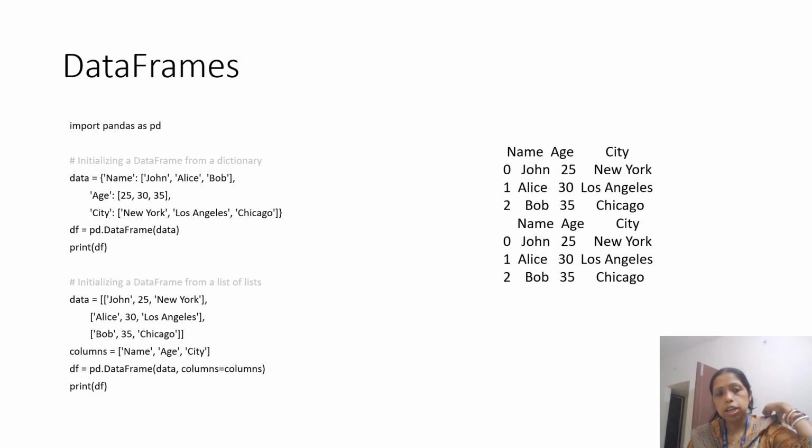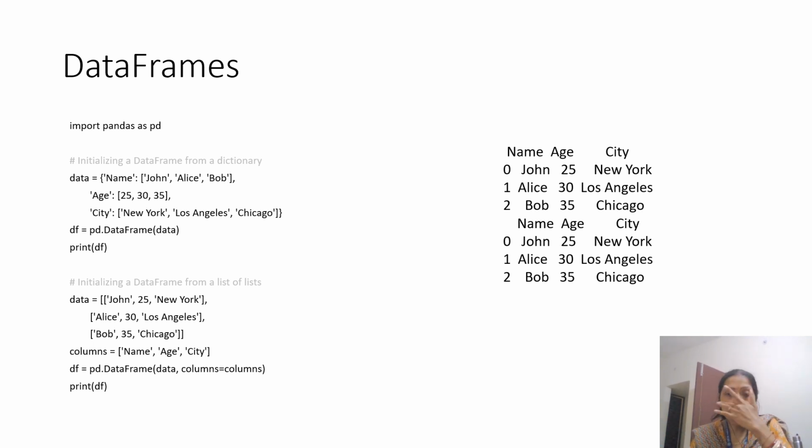Okay, so the data frame I have already discussed. If you want to create a data set or data structure, this is another format of the data structure which is possible using Python.